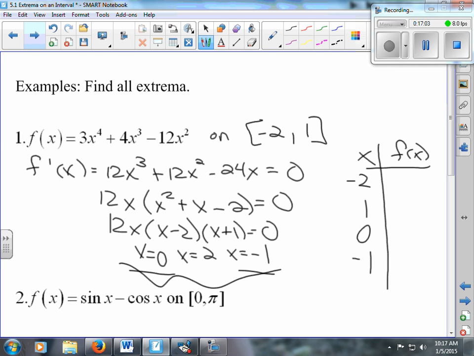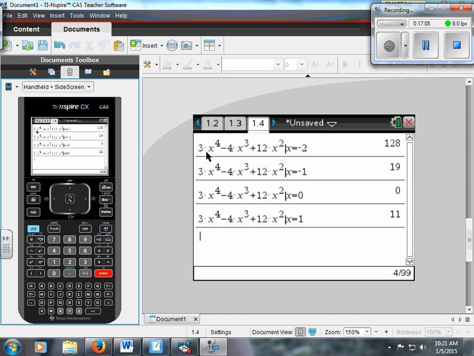And now you plug these back into your very original function. Okay, so what I've done here is I have plugged in my 4 different values into my expression. And I did this on the Inspire, and the way I did it was that I typed in the function 3x to the 4th. And notice this is the original function, not the derivative. So I typed in 3x to the 4th minus 4x cubed plus 12x squared.